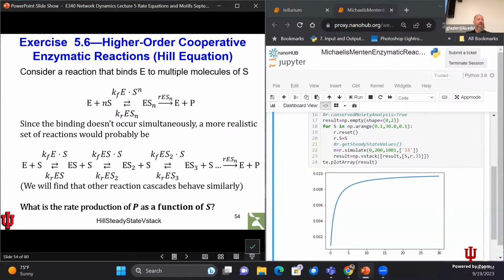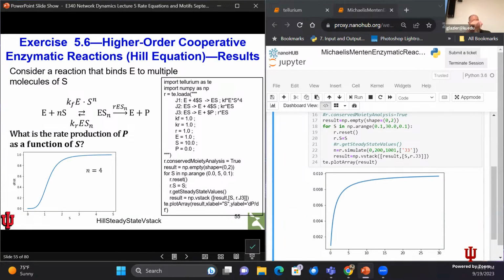Because I really would like to be able to write E plus n times S in my equations, and I can't do it. So that one I have to do by hand. That's the one thing I'd like to be able to vary in the stoichiometry. I can make the exponent change in the rate law, I can have the n change, but I can't change it in the stoichiometry. And I want to know what's the rate of production of P as a function of S.